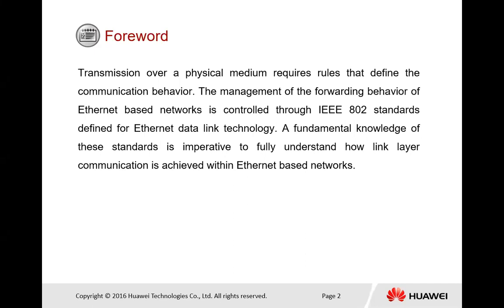So when we are talking about Ethernet framing, we are talking about IEEE 802.3. And when we are talking about the wireless medium, we are talking about IEEE 802.11. 802.11 is specified for the wireless medium, and 802.3 is specifically for the physical medium.